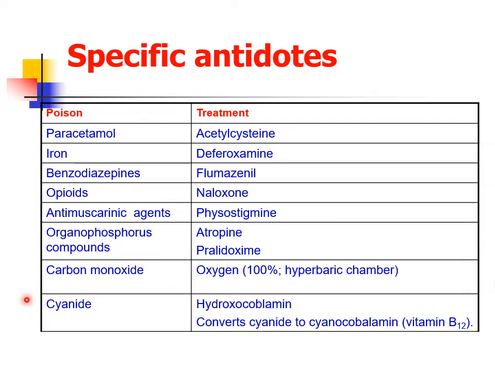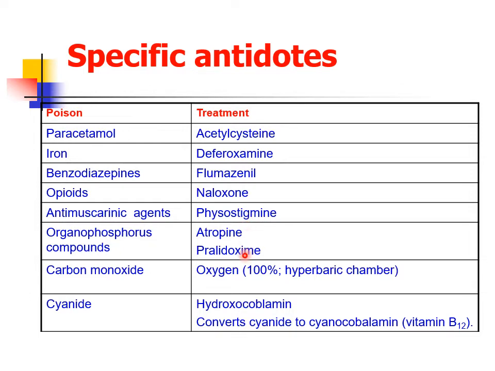Specific antidotes, or antagonists, or agents that can treat the poison. Acetylcysteine is the antidote for paracetamol, deferoxamine for iron, flumazenil is the antagonist or antidote for benzodiazepines, naloxone is the antidote or antagonist for opioids, physostigmine for antimuscarinic agents.